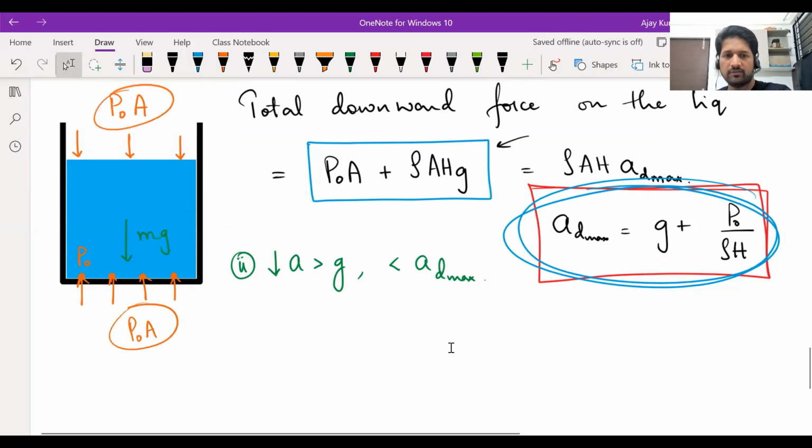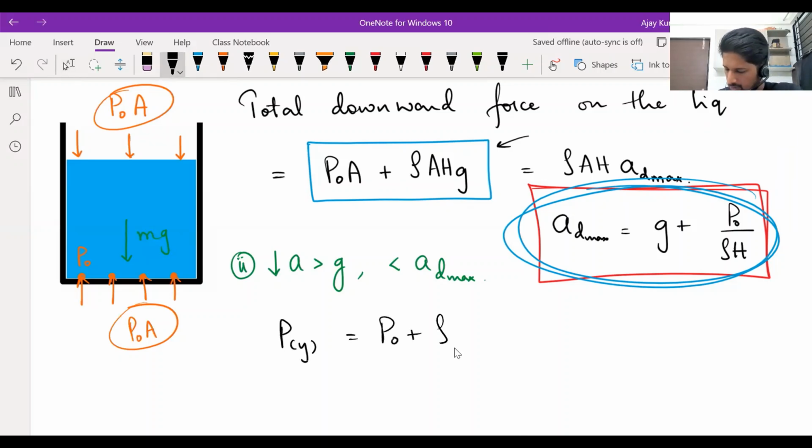Now what will happen? If acceleration is more than g, then the pressure at a depth y will be P naught plus rho (g minus a) y, right? a is more than g, so this part becomes negative. What does that mean? That means the pressure will be less than P naught at a depth. So if the container goes down with an acceleration greater than g, the pressure actually decreases with depth.